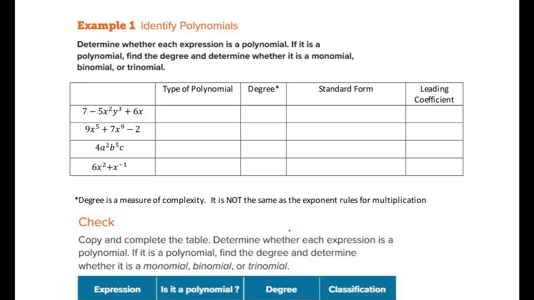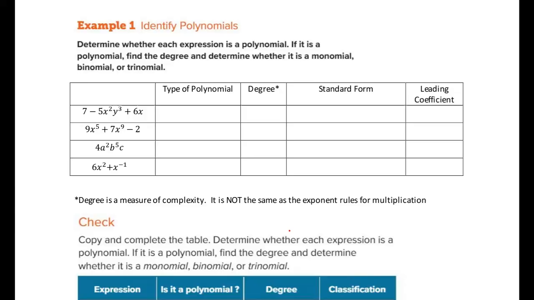You need to struggle a little bit longer. Look at the rules and try. Why do you say that's not a polynomial? Actually, it is a polynomial.